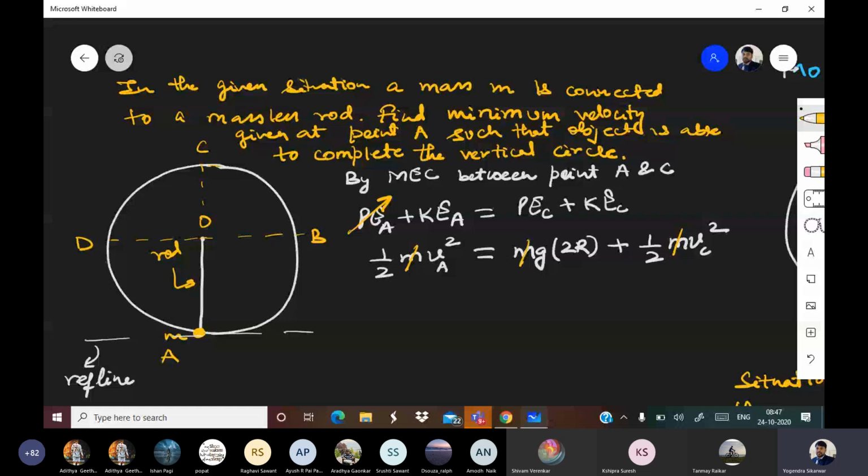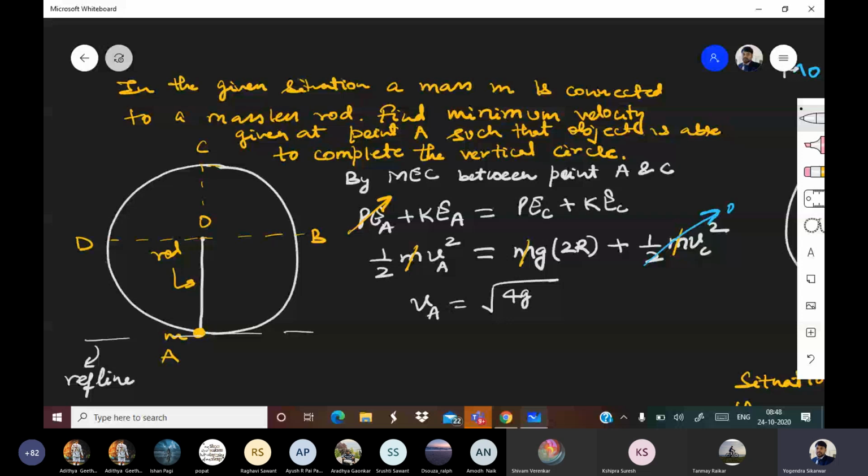That means VC can be 0. So half MVC square can also be 0. And that gives us the value of VA. So VA comes out to be root of 4 GR.